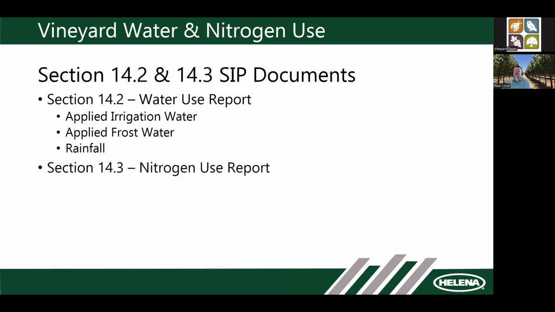And then our nitrogen use report, which can be a little bit more tricky. This is where some of the calculations come into question. We're going to need to understand and tabulate all of your fertilizer inputs, nitrogen from compost if you apply compost during the season, and then nitrogen found in your water.